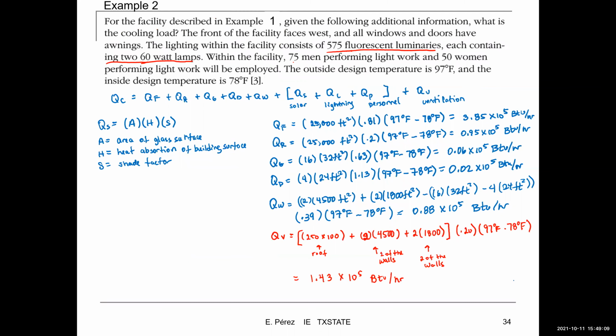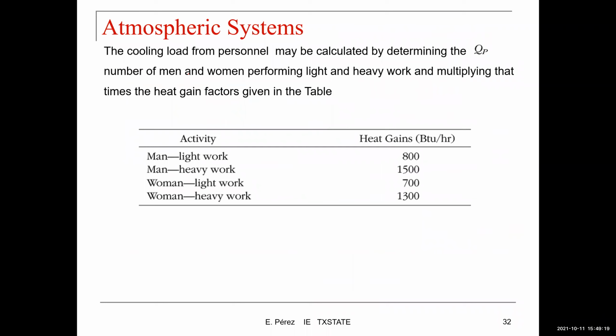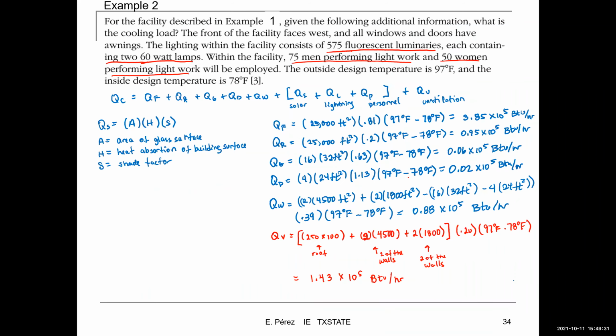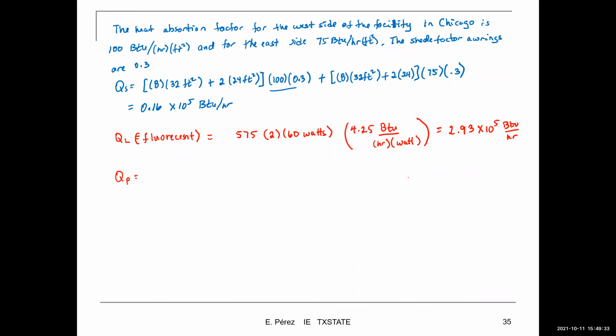So in the statement, we have 75 men performing light work and 50 women performing light work. So we're going to find those factors here for light work. It's 800 for men and 700 for women. So using that information, we can compute this QP factor.